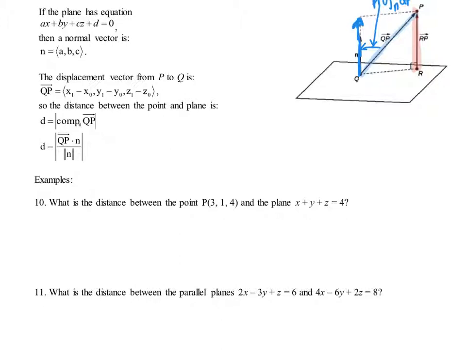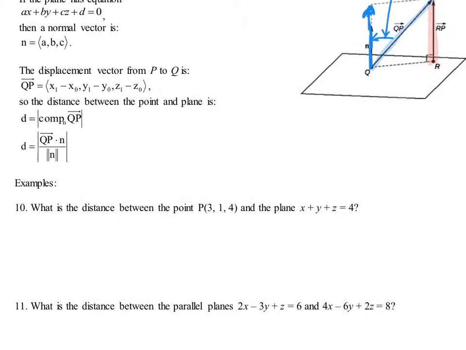So I'm going to take you through it from top to bottom next class. But the good news is it's pretty procedural once you have this relationship. QP dotted with n over the magnitude of n. n is our normal vector related to the plane. So n in this case would be 1, 1, 1.